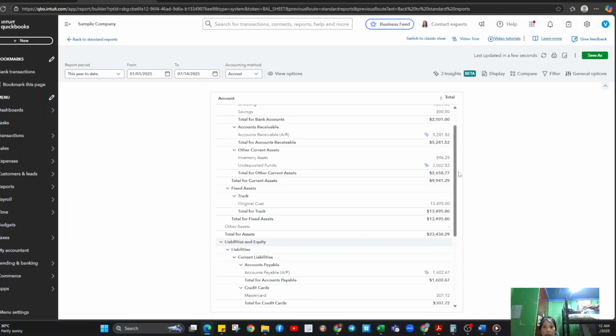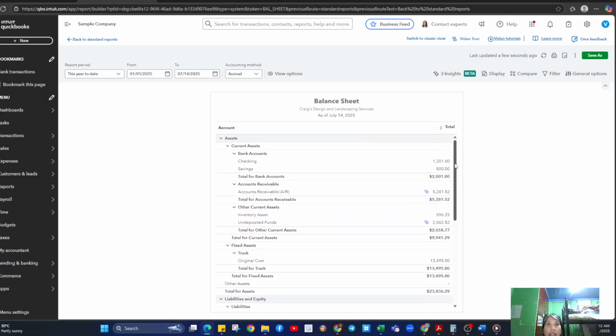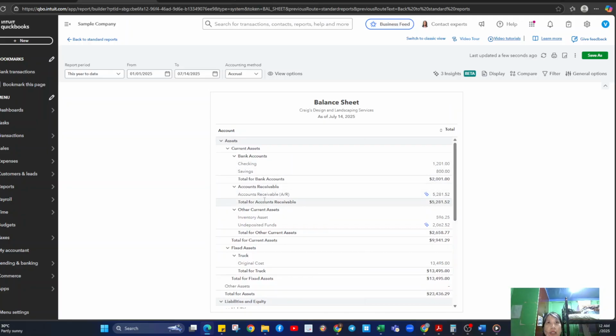We have in here checking and savings, and then accounts receivable. So these are from the customers. They had performed services, yet the customers have not yet paid their invoices.